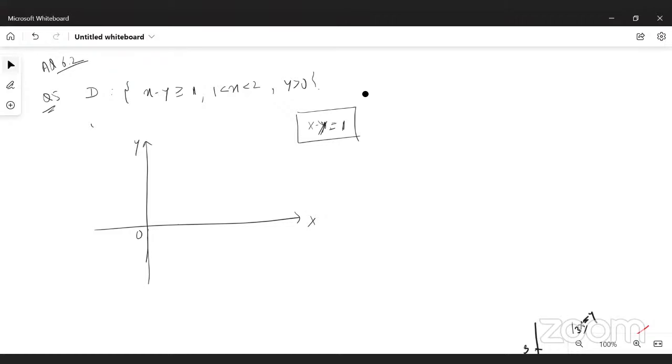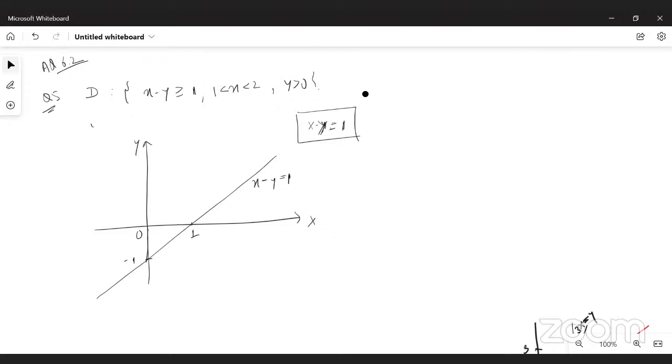So it will go something like this. The y-intercept will be minus 1, is what I said. 1 comma 0 and 2 comma 1 seem to be good candidates. And we want x minus y to be greater than or equal to 1. This curve is x minus y equal to 1, and you want x minus y to be greater than or equal to 1.